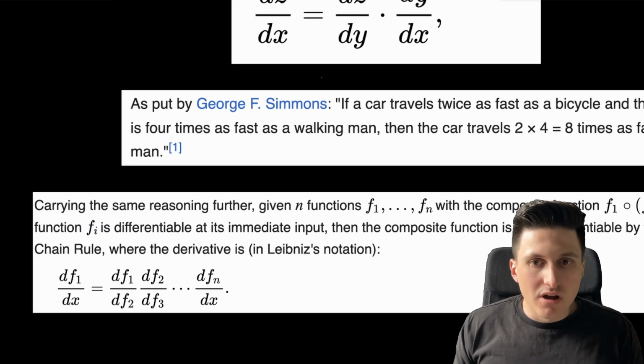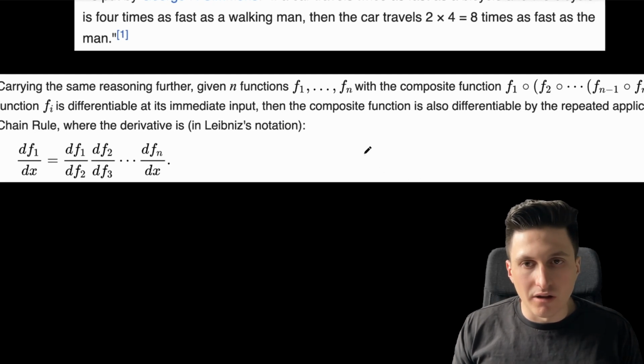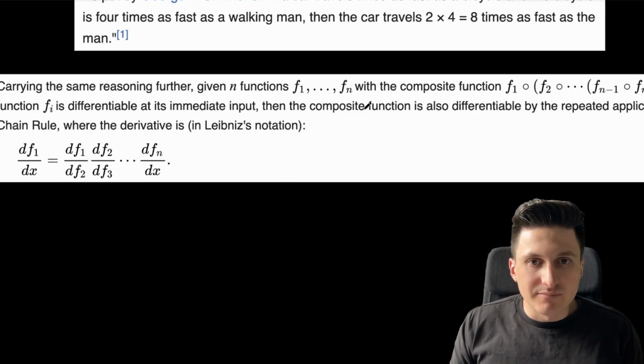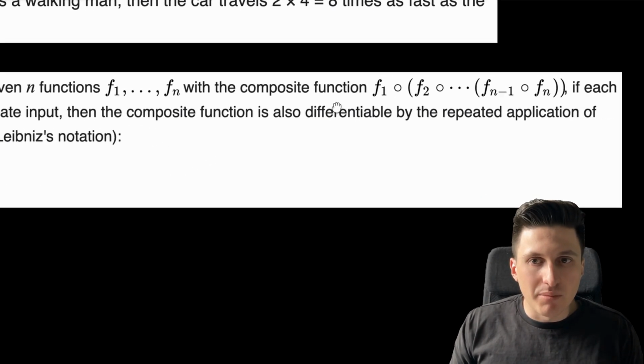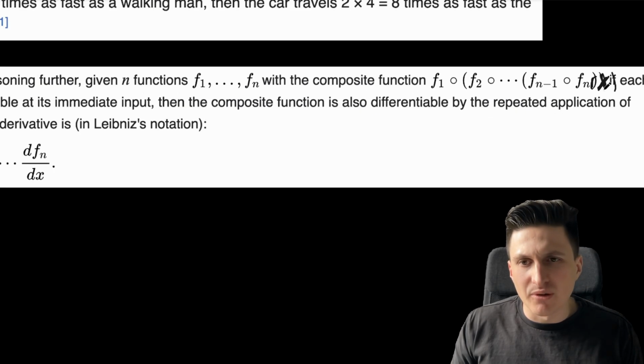If you want to generalize it to multiple composite functions, then you basically see, let's say we apply n functions on a given input, in this case the input is x, let me draw x instead of I as an input.